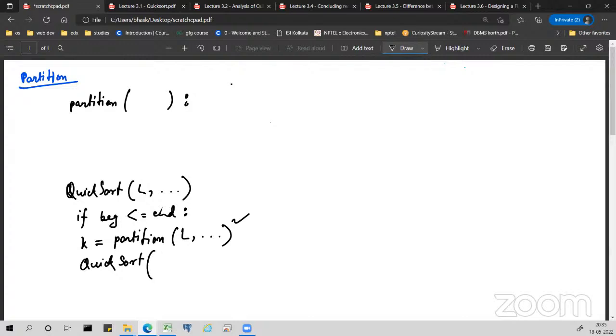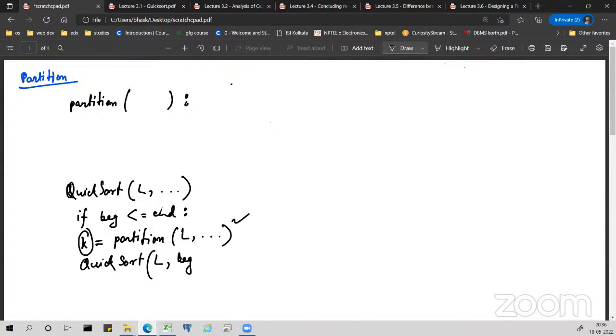And why it is so, I'm telling you. The reason is that partition returns an index value which is k, and now we would break the array depending upon the k value. I mean, k is an index in the list or array, right? Now the breaking in merge sort was exactly into two equal halves, in the middle.